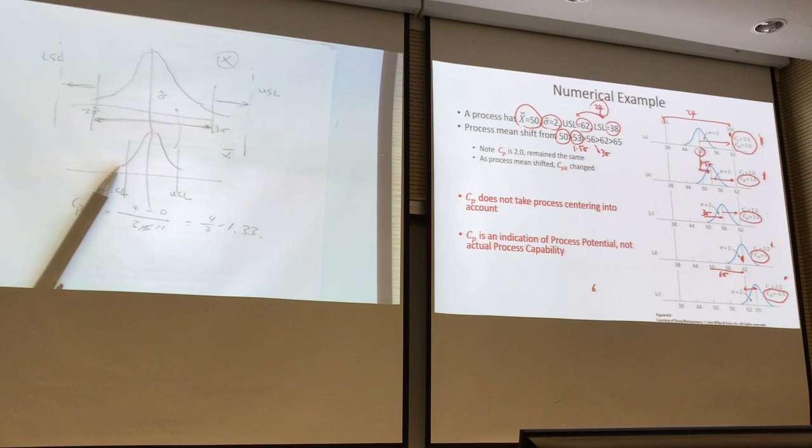CP never changes, but CPK changes. So CPK is the one that defines your actual process performance, while CP is the potential of the process, and it never changes. Now, another scenario: CPK equal to 0 or negative, where the mean is sitting on one specification limit.